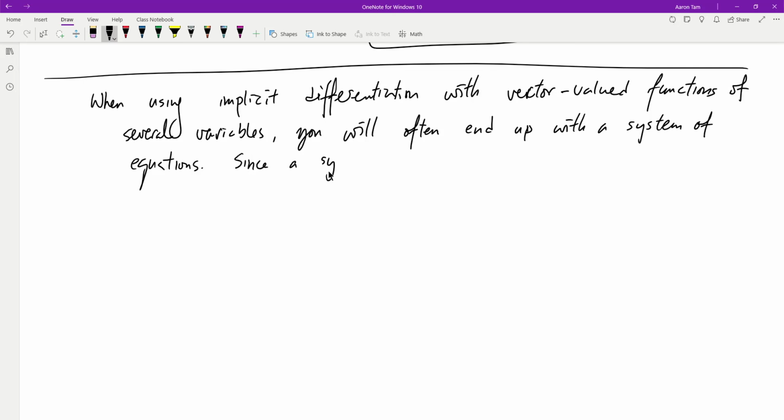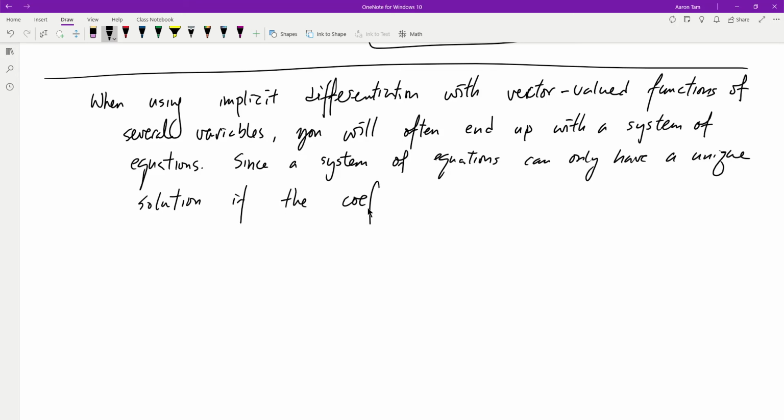Since a system of equation can only have a unique solution if the coefficient matrix is a square matrix, what we want to do is provide a condition that would allow this to happen.